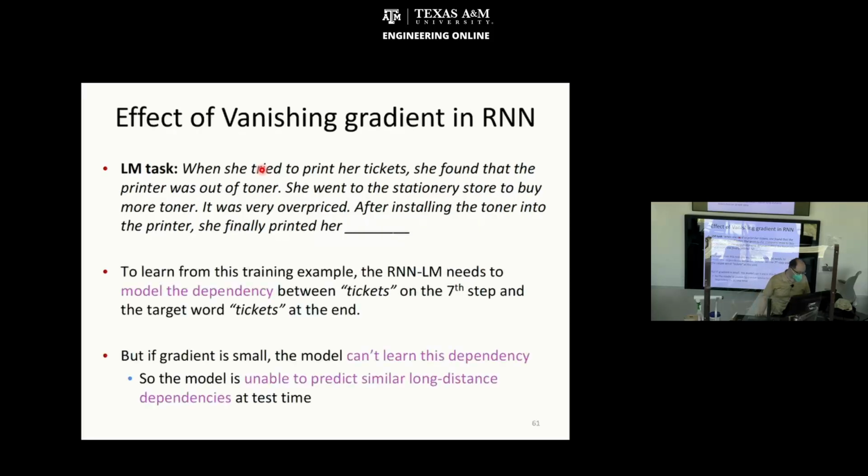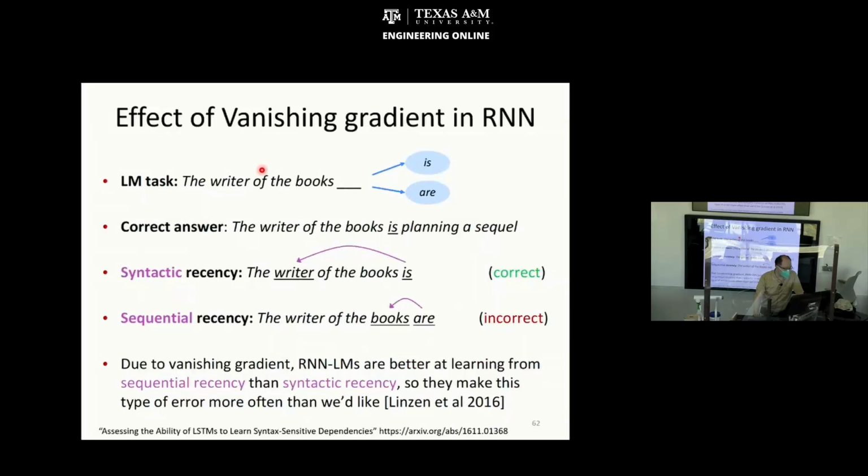So I think now it's time to think about how to address this problem more fundamentally than just trying to mitigate it. Again, sequential recency is not as important as syntactic recency, which can be sequentially far away.